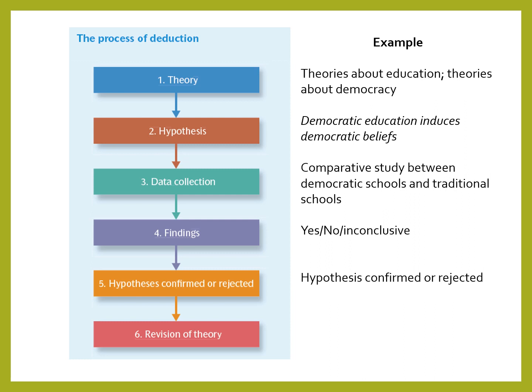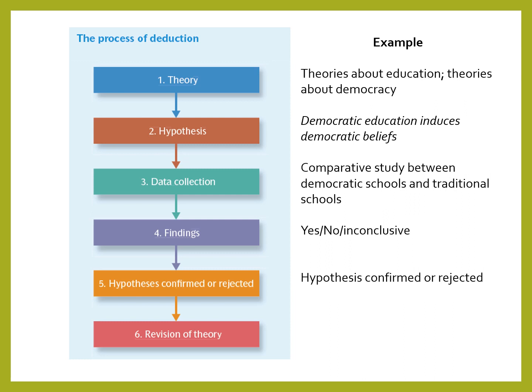We will go then to collect data in an empirical way by measuring, for instance, comparing between a democratic school and a traditional school. We can compare how these two types of frameworks are run, governed, and how students and staff in these frameworks develop attachment to democratic attitudes and beliefs.